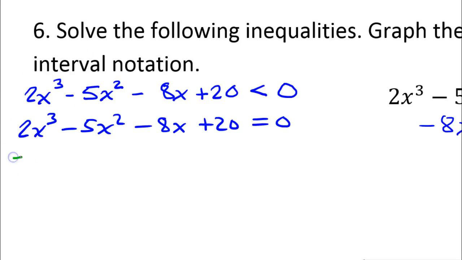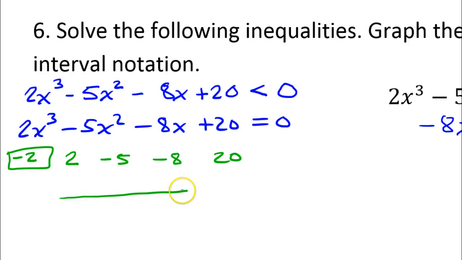So I'm going to use that as part of my synthetic division. So I have -2, and then there's that 2, -5, -8, 20. So 2 times -2, that's -4. That makes -9. -9 times -2 is positive 18.